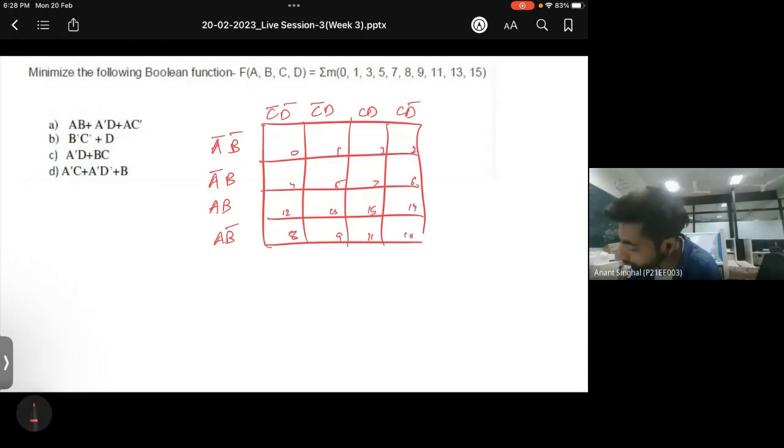So we'll write one variable is in 1, 2, 3, 7, 5, 8, 9, 11, 13, 15. Everyone is fine with this? The diagram that I have drawn? This is a basic K-map.